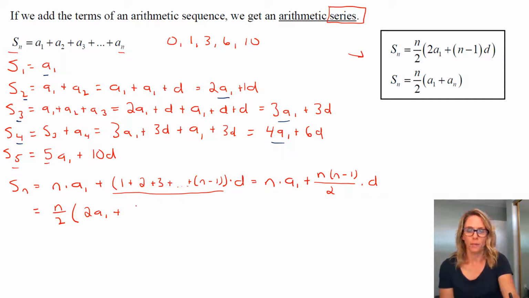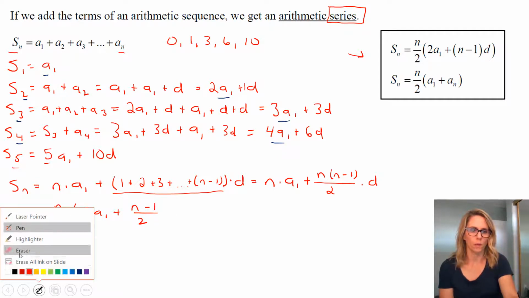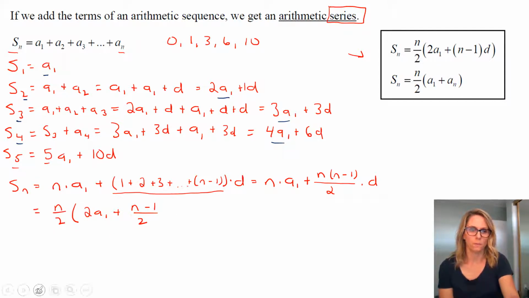And if I do that in the second piece, I have n minus 1 over 2 times d. Actually, my 2 has been factored out, so I don't need that. It's just, like I said, different ways to write this. So just know a couple different ways. So just an n minus 1 times d. And then, as you can see, there is actually another way to write it. And some might be more helpful than others.